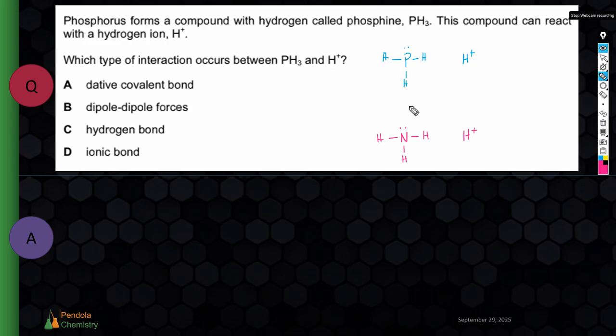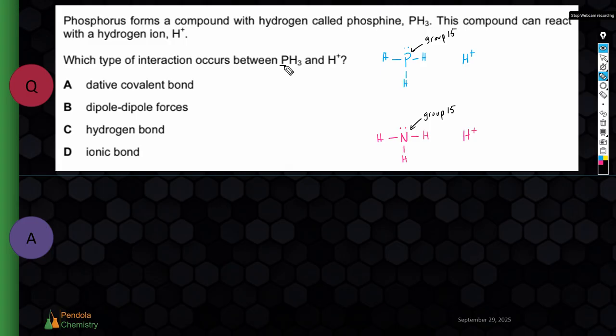These two compounds are essentially going to behave the same way. In both cases, we have a group 15 element in the center bonded to 3 hydrogens with a lone pair. Again, group 15 element, nitrogen, phosphorus. We don't even need to go as far as drawing the Lewis structure.